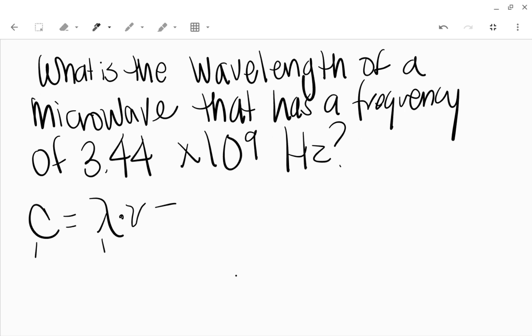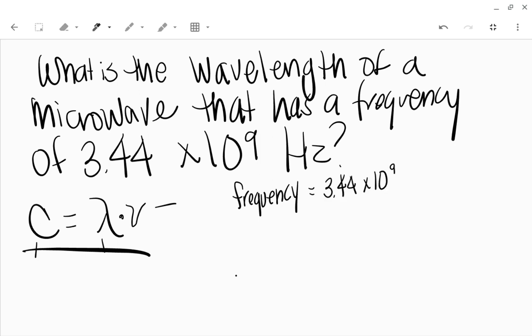Now, let's start off with our known values. Okay, so we're using this formula right here. Our known value is 3.44 times 10 to the 9 hertz, and it says frequency. So right here, frequency equals 3.44 times 10 to the 9 hertz.